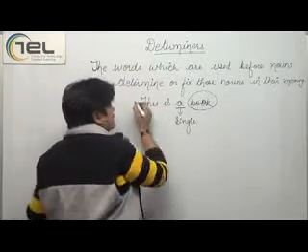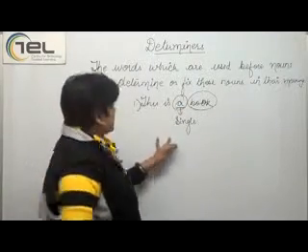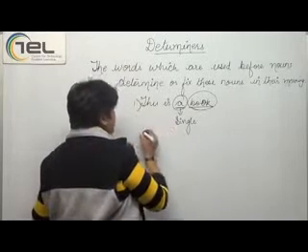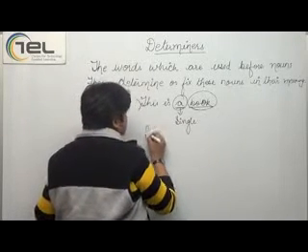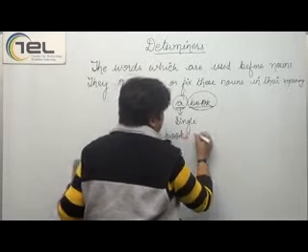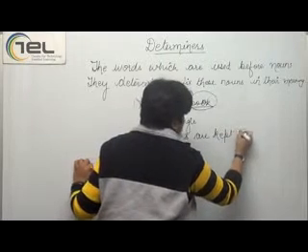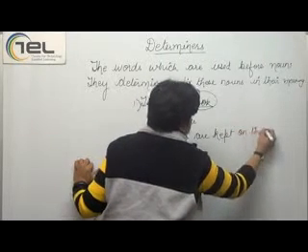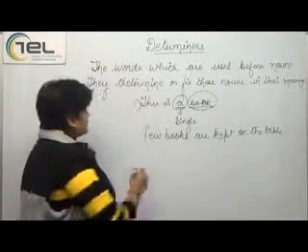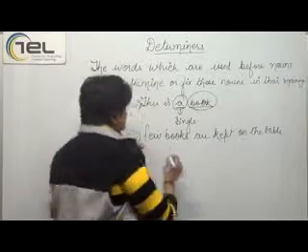Now here I have taken an article with this word book. We can also take a word, say few books are kept on the table. Now here in this sentence, if you see, I'm using two words with two nouns.